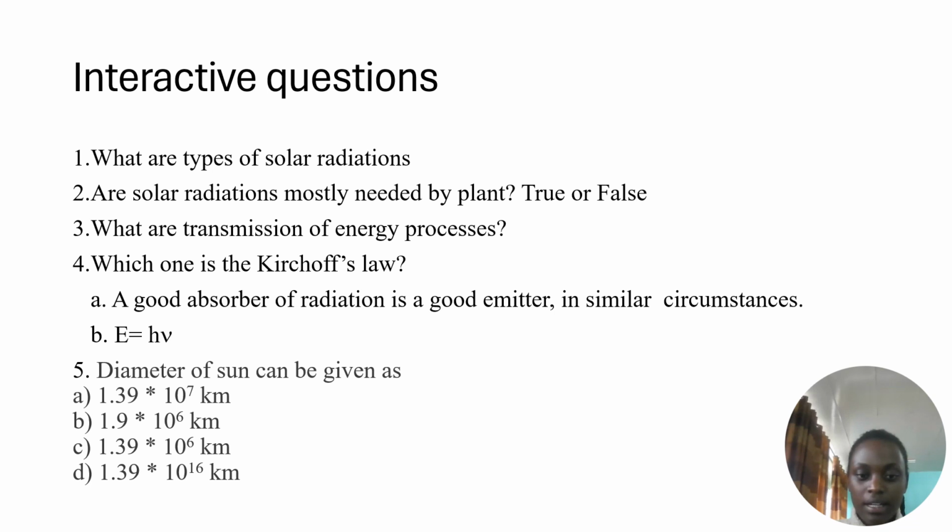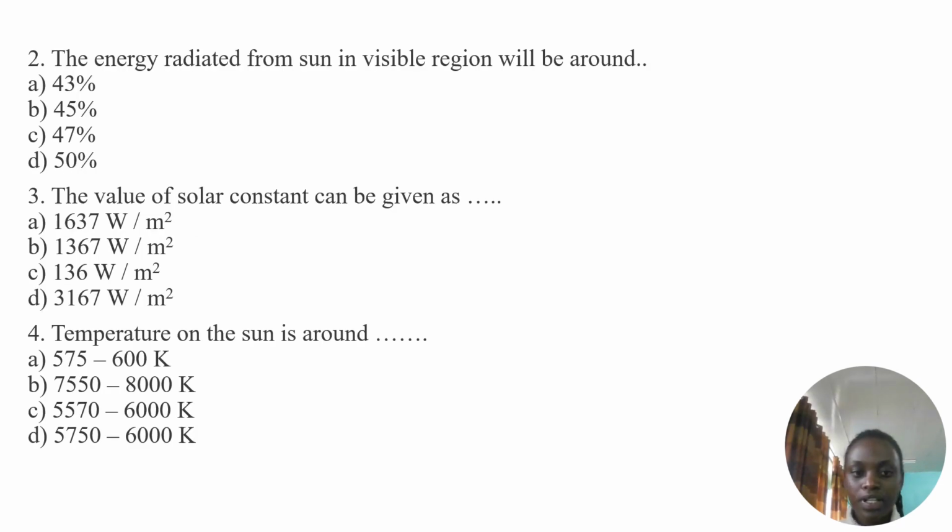We will find the diameter of the sun, and then we will see the percentage of the energy radiated from the sun in the visible region. You can ask yourself what percentage of the sun's rays reach the earth.